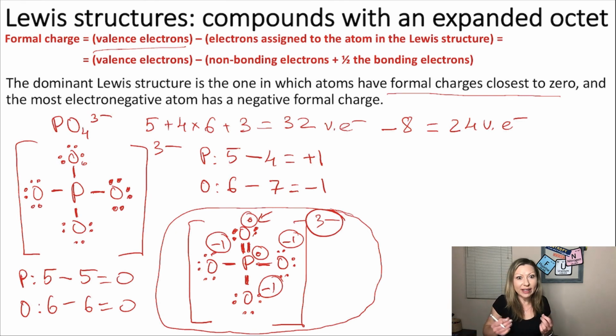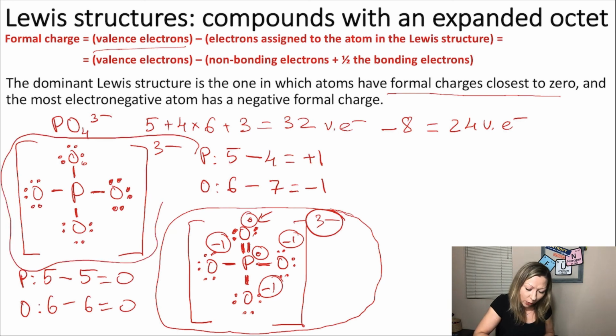How many resonance structures does the phosphate ion have? And actually it's going to have 5 different resonance structures. Why? We're going to have the first one, this one, which is a valid Lewis structure. However, it is not as stable as the Lewis structure which has the double bond towards the phosphorus.